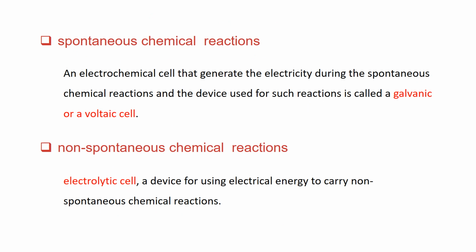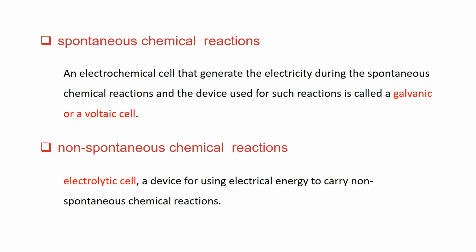We have seen spontaneous reaction and non-spontaneous reaction, but where can we demonstrate these reactions, how can we experience these types of reaction? These reactions can be demonstrated through some device.